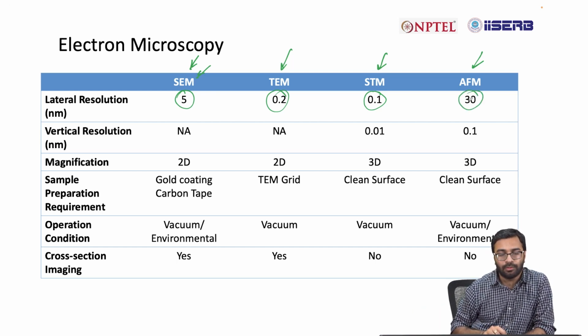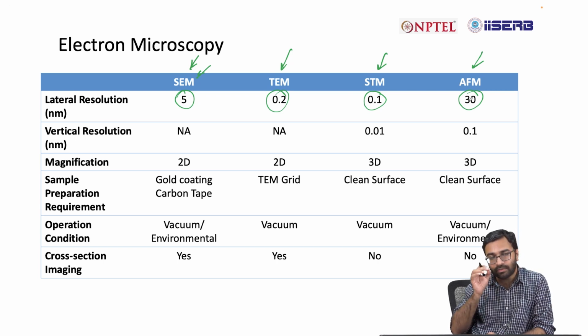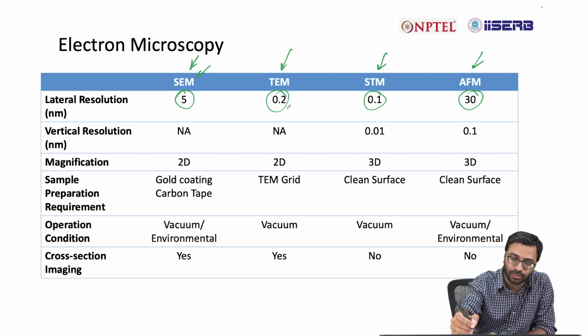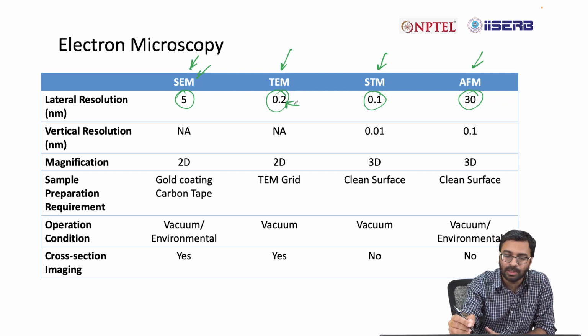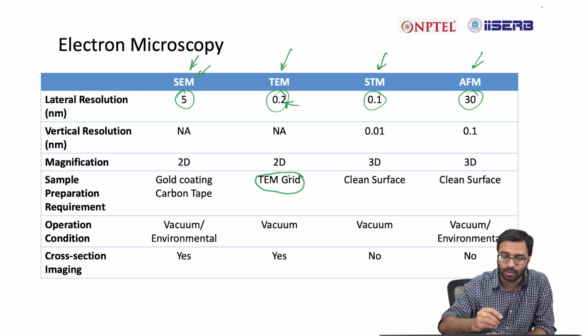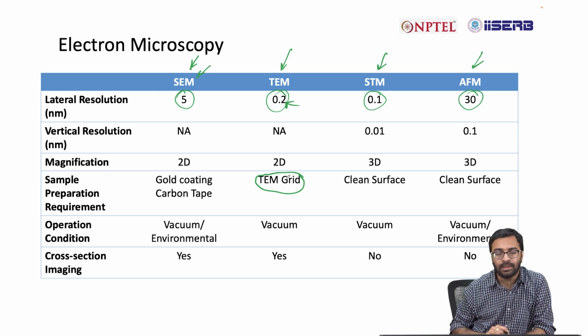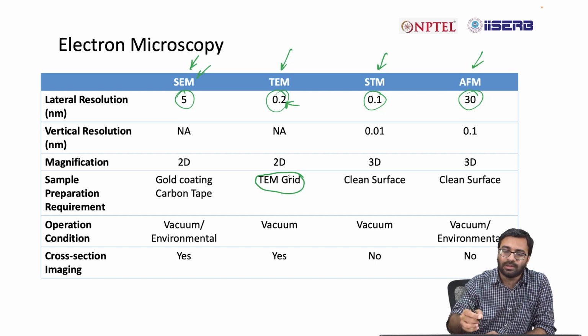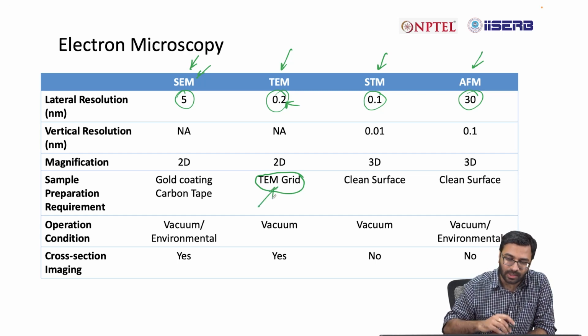So if you want to detect a very small feature size, it's better you use TEM, transmission electron microscope. But you also have to remember, in case of TEM, you need a TEM grid in order to analyze your sample. Usually nanoparticles and nanostructures that you synthesize by a solution method, TEM is best for these kinds of samples.